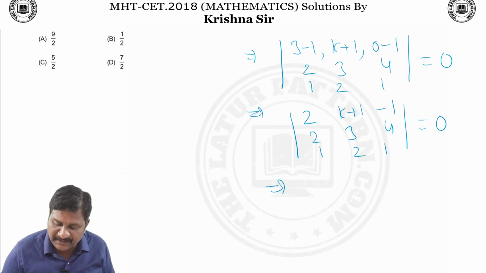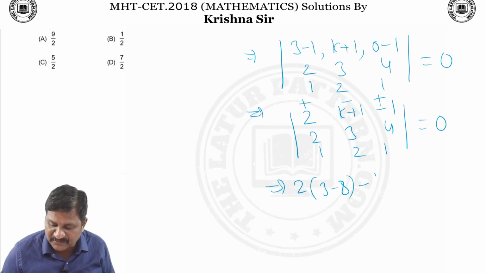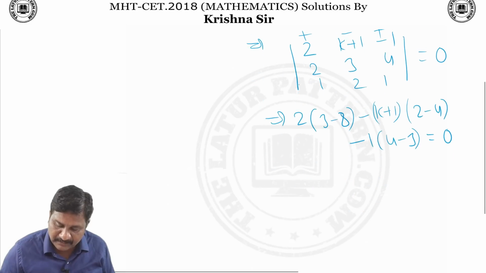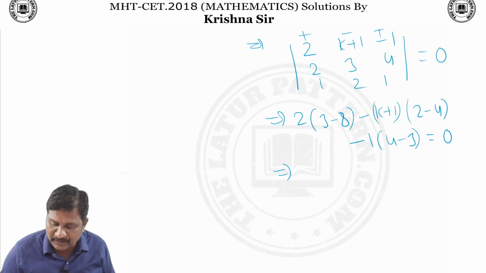Then simplify the determinant by taking plus, minus, plus: 2 into (3 minus 8) minus (k plus 1) into (2 minus 4) minus 1 into (4 minus 3) is equal to 0. 2 into minus 5 is minus 10, minus 2 into minus (k plus 1), plus 2k plus 2, 4 minus 3 is 1, into minus 1, is equal to 0.